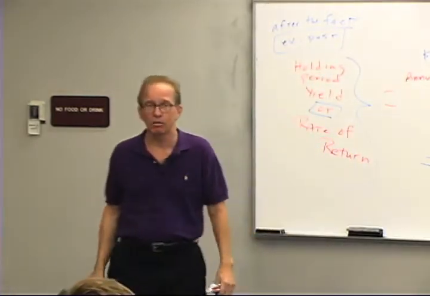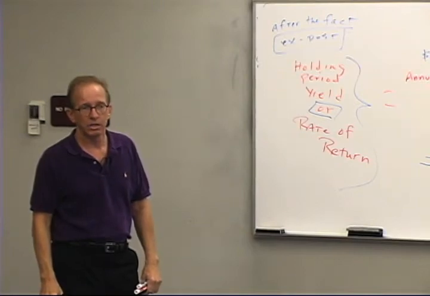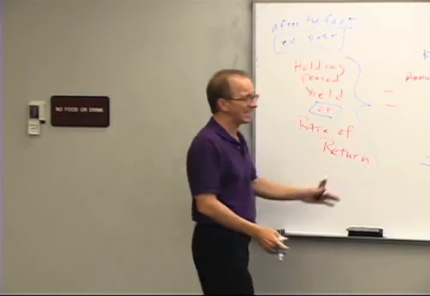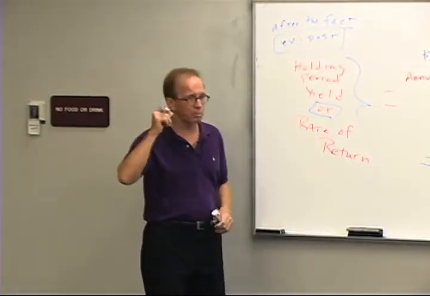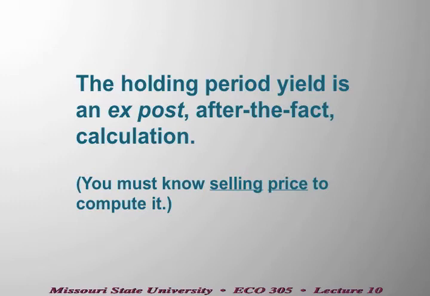I didn't know. We never know when we're going to sell these investments. And we didn't know what the price was going to be. So this is after you sold it. You call your broker, I want to sell this bond, or I want to sell this stock. And you sell it for $980, and then you go, oh, what was my rate of return? And now we're looking back. We're not looking forward, we're looking back saying, here's how I did.